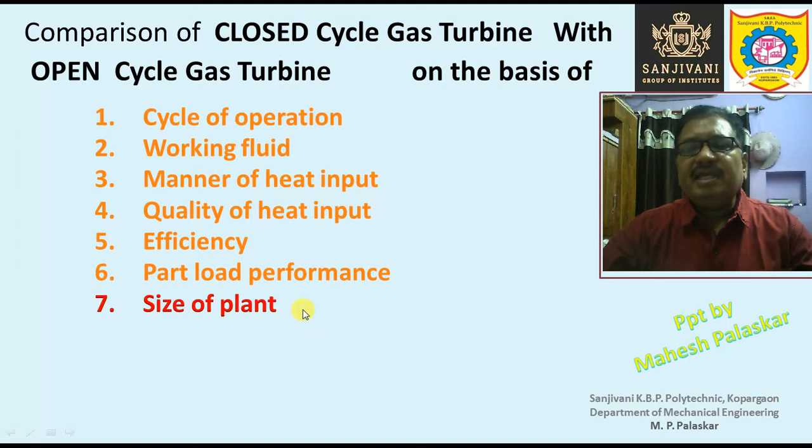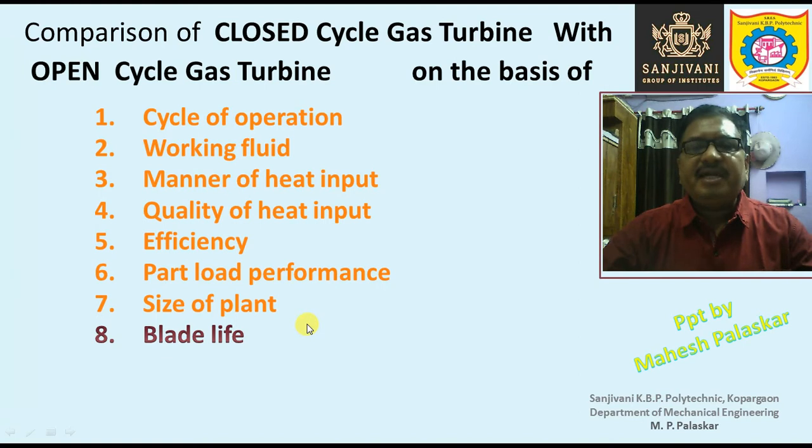So in less volume we can have more quantity of the working substance available for the heat exchange. So the power output will be higher with the same size, right? Or the size will be smaller in case of closed cycle gas turbine as compared to the open cycle gas turbine, right?